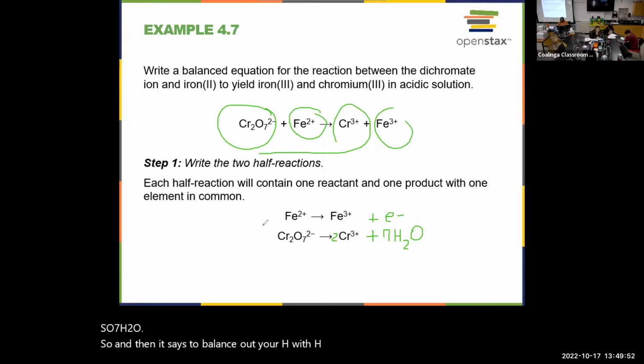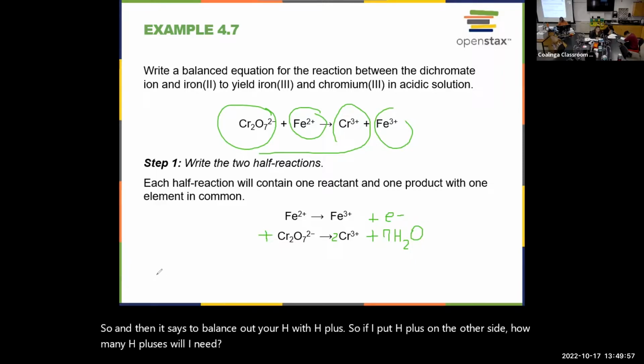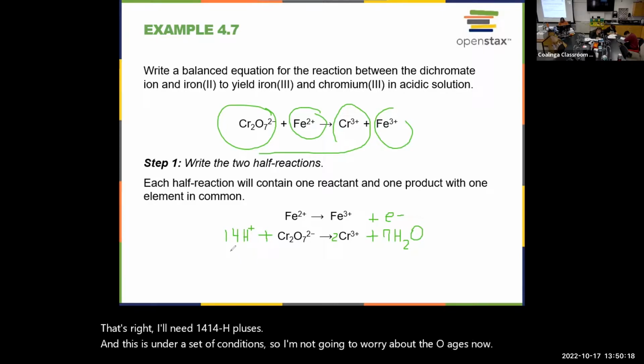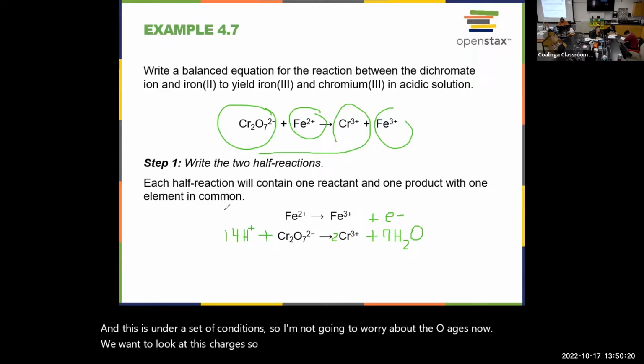So if I put H plus on the other side, how many H pluses will I need? 14 since there are 7. That's right. I'll need 14 H pluses. And this is under acidic condition, so I'm not going to worry about the OH's. Now, we want to look at those charges. So altogether, we have 14 plus charges here, minus 2. So that's a total of 12 charges on this side. How many charges do I have over here?